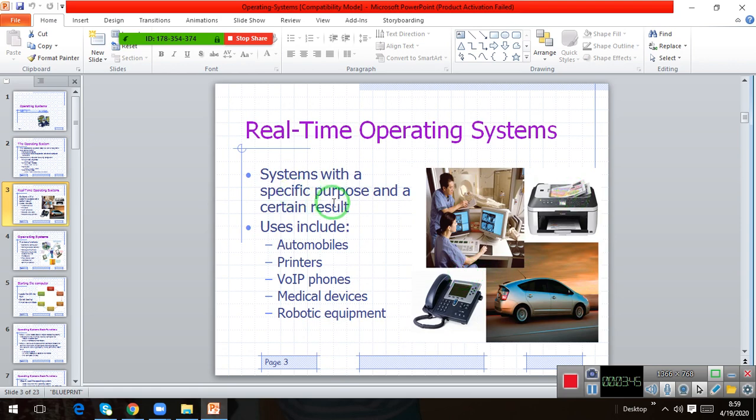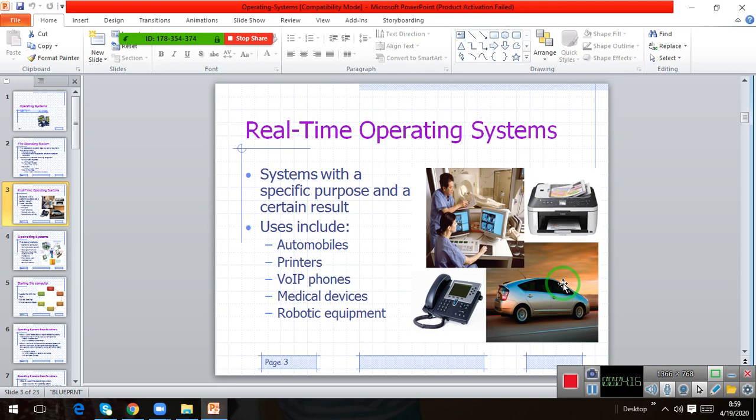A system with a specific purpose and a certain result, as I told you about the ATM machine. In the same way, here in the picture you can see the real-time operating system in the medical field, where you may get different tests and other things as well. We also have computerized vehicles.